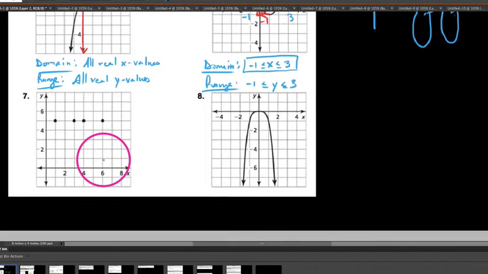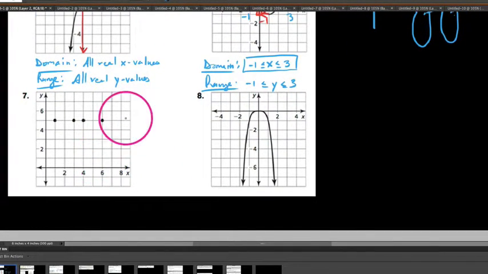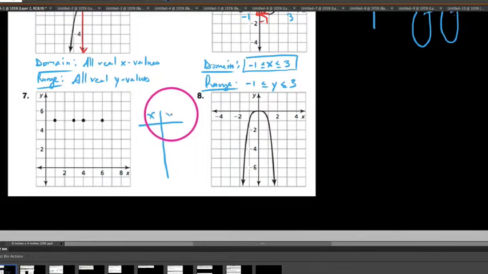When you look at something like number 7, a little bit interesting about number 7 is that these are a set of points. And so if we were to represent these as a t-chart, let's write our function out, x, y. We could say that this point here is the point (1, 5). So 1 maps onto 5. Looks like we have the point (3, 5), and (4, 5) also on here, and then (6, 5).